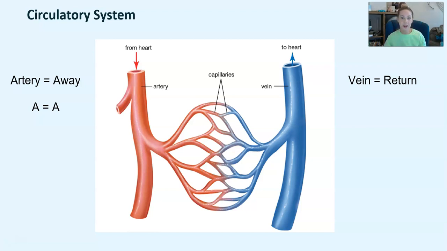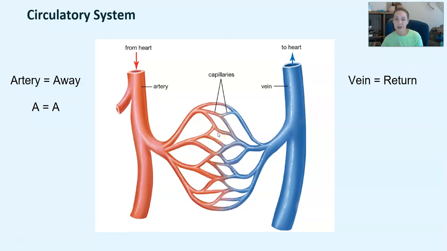So if your heart is up here, you will have the arteries that will carry the blood in the opposite direction. Okay, so I want you to try to remember that artery begins with A and blood flows away. So A, okay?